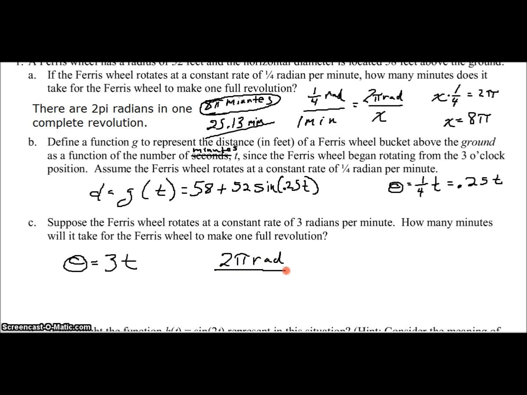But if we're doing 3 radians per minute, we can divide 2 pi by 3. So it's going to take 2 pi over 3 minutes, which is about 2.09 minutes to make one full revolution.